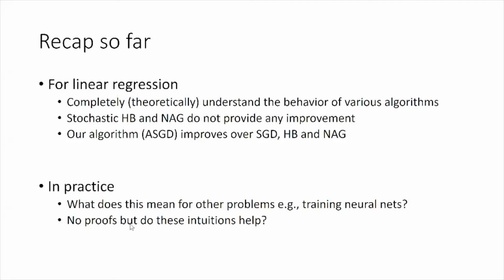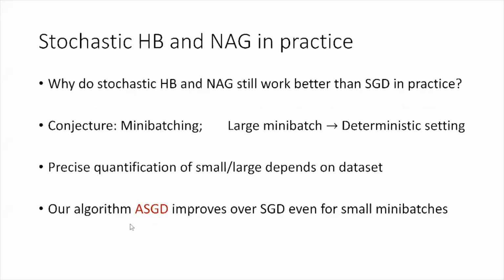And the question is, in practice, beyond linear regression, what is going on? One of the first questions that we wanted to understand is, why do stochastic heavy ball and Nesterov accelerated gradient algorithms still work better than stochastic gradient descent in practice?